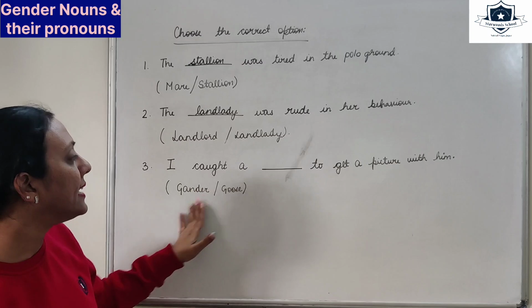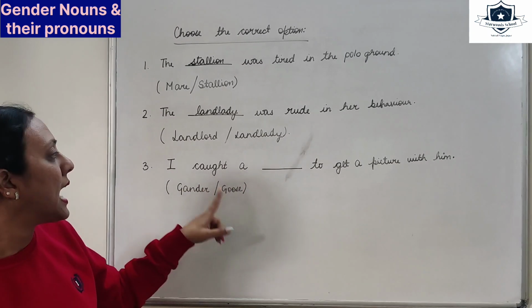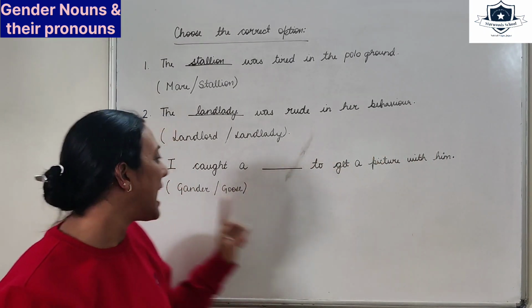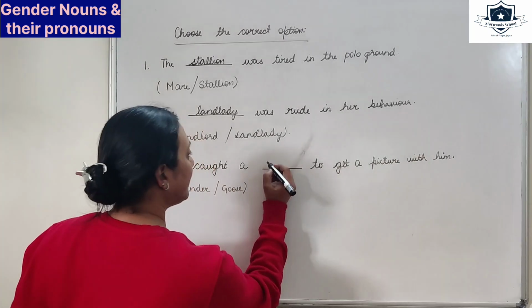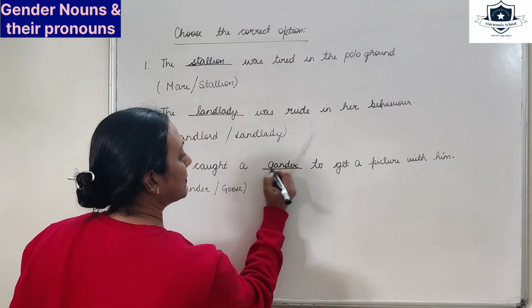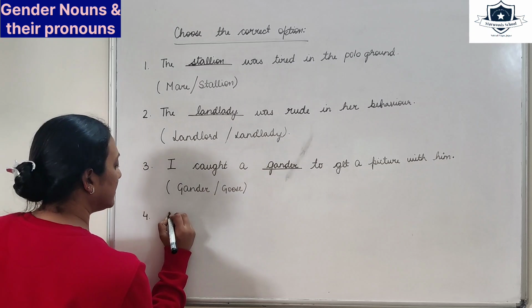So gander will be the answer, not goose, because goose is feminine. I caught a goose to get a picture with him. No, I caught a gander to get a picture with him. This is your answer. Let's take one more example.